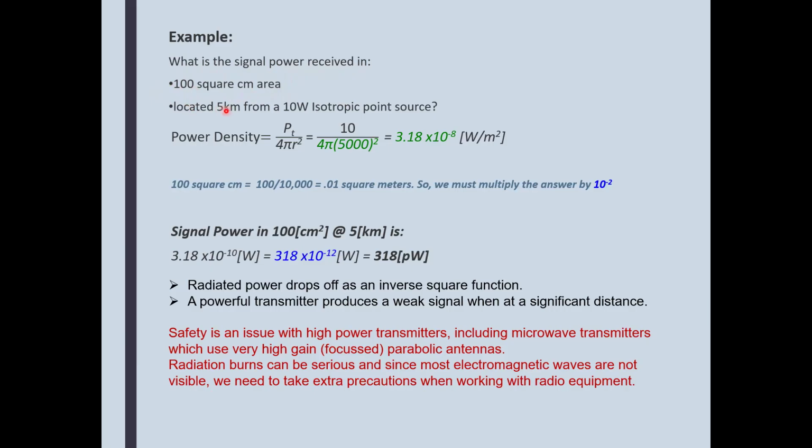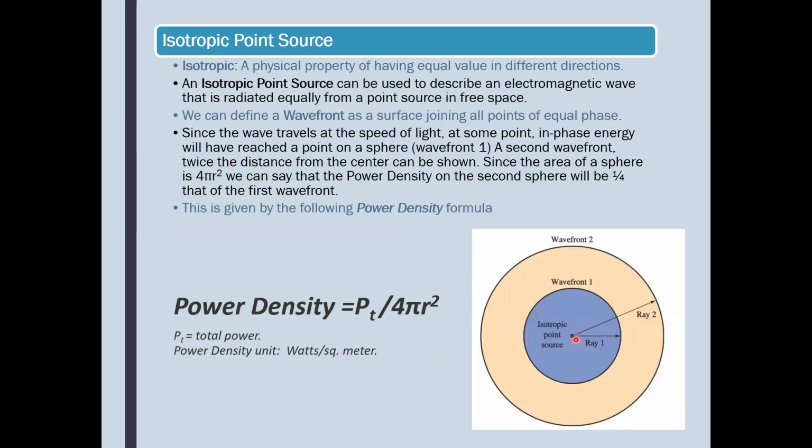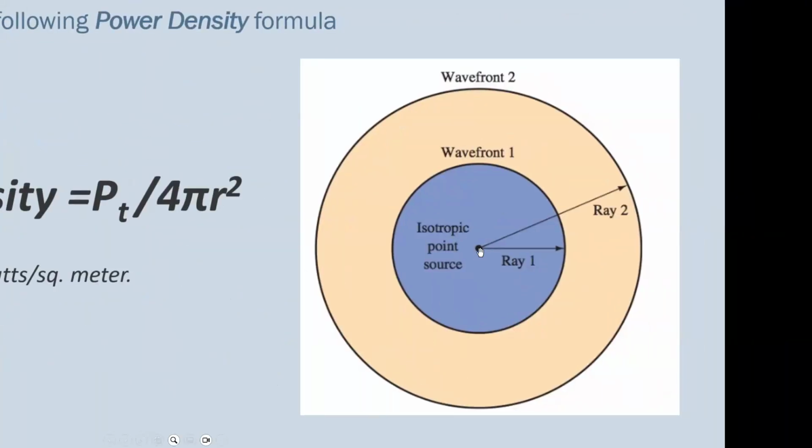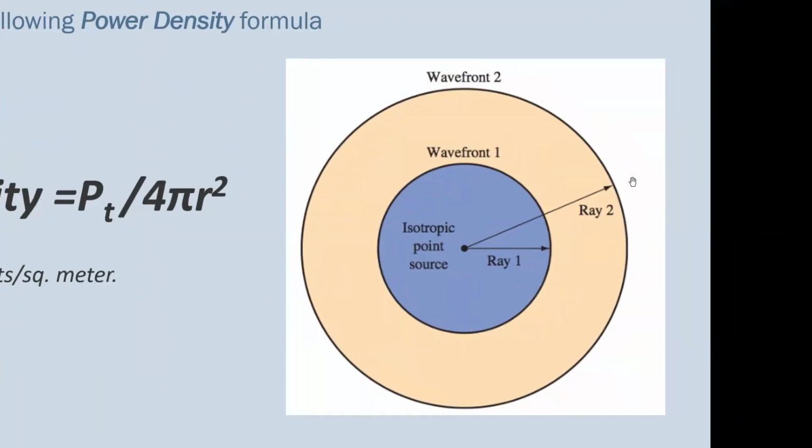It's located 5 kilometers from a 10-watt isotropic point source. So this transmits 10 watts, and the distance is 5 kilometers from here. And we want to know what would be the power contained within 100 square centimeters.